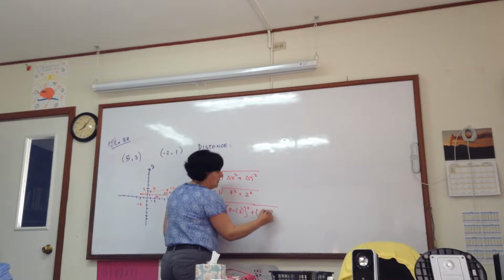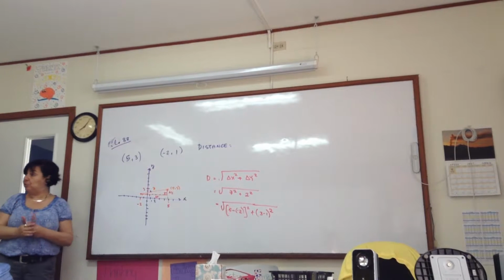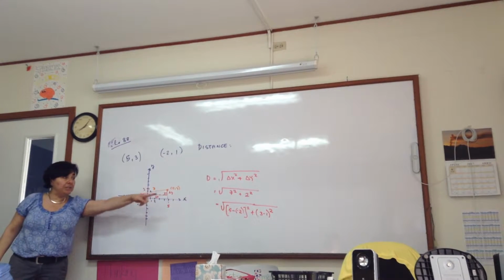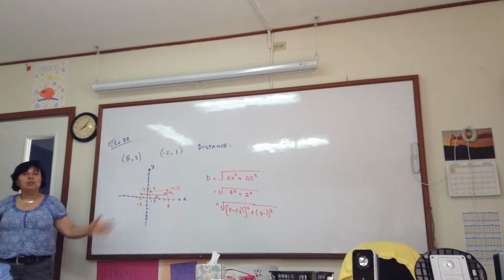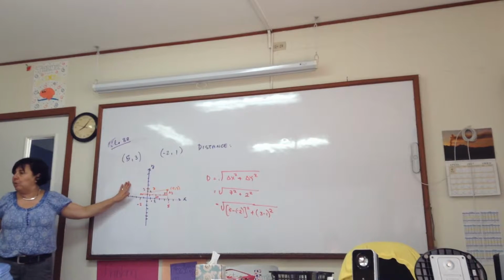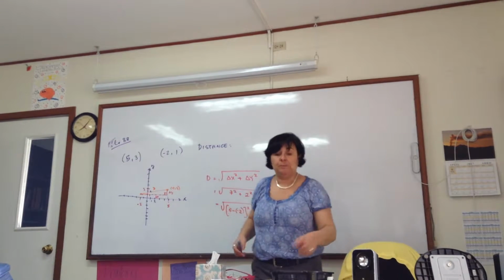Does everybody agree that that's how we can find it? Instead of counting, we can just do that? Well, I'm going to give you the formula so you don't ever have to graph it anymore, as long as you got the point. Which is what Carly was saying right now.